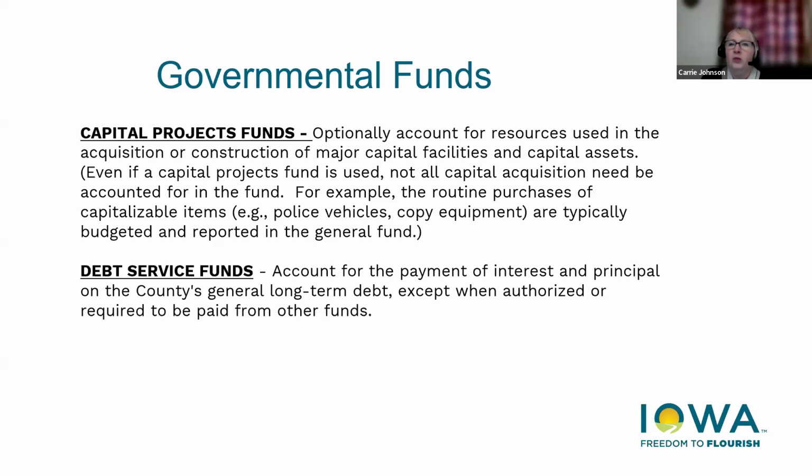If we're talking about routine purchases of capitalized items, so maybe like vehicles, those are typically budgeted for and accounted for in the general fund. So you have to look at what the actual project is. But if it's a capital need or capital asset, like I said, like a building, then that would probably be accounted for in your capital projects fund.